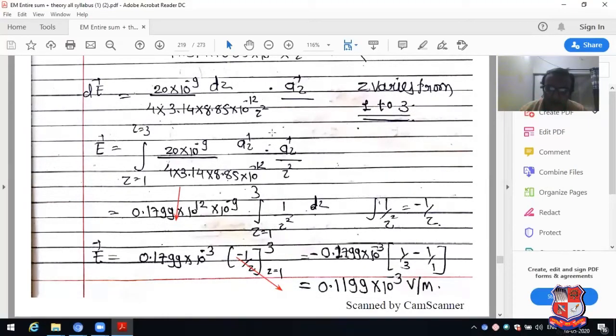So the correct answer is 0.1199 into 10 raised to minus 3 volt per meter. This is the answer related to the electric field due to the line charge.